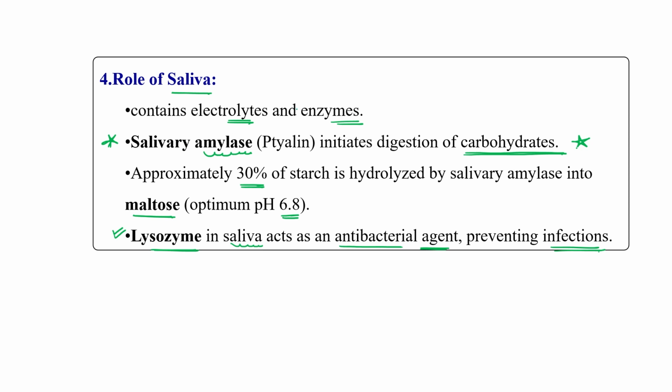So saliva means amylase plus lysozyme, both present in our buccal cavity or in saliva. So digestion of carbohydrate occurs in our buccal cavity, right? And antibacterial activity also occurs in our mouth cavity.